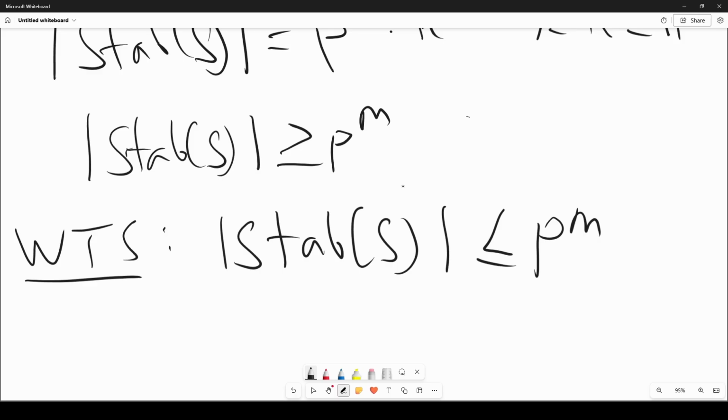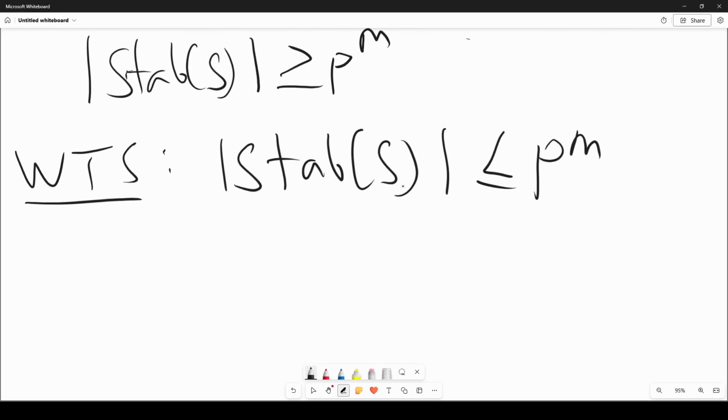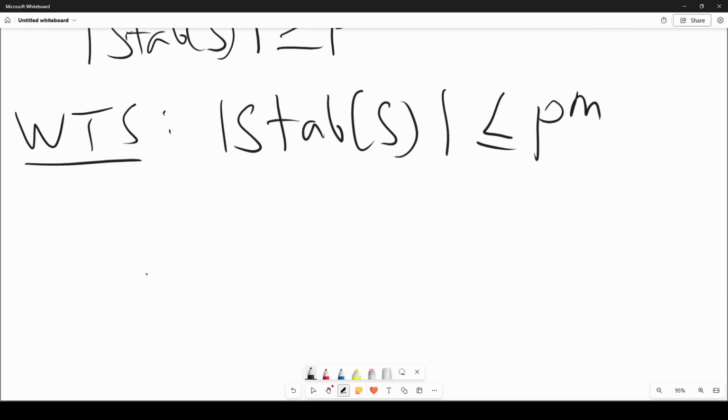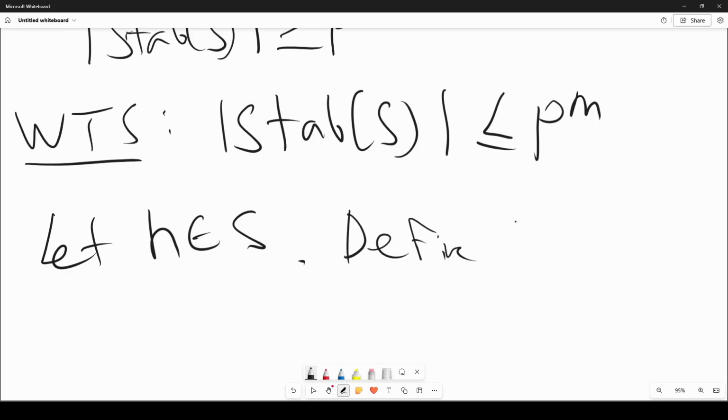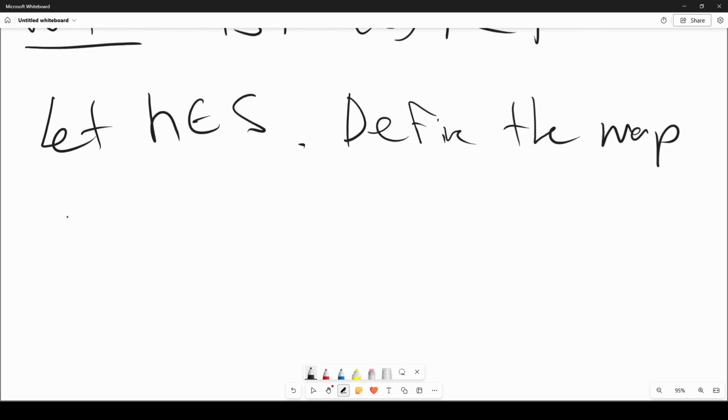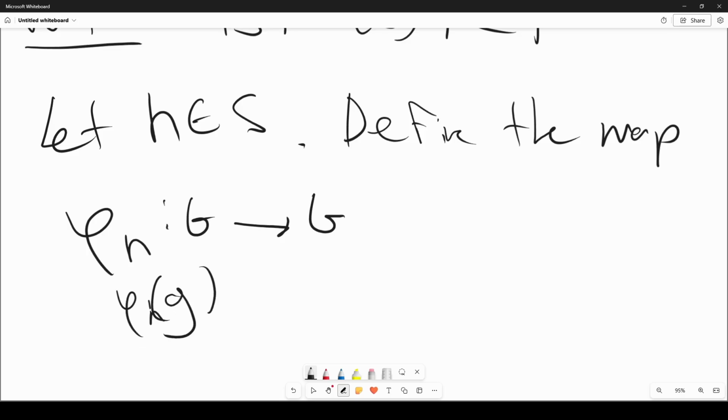Okay. To do this, I'm going to define a map. So I'm going to choose some element in my set. Let h be some element in my set. It's also a group element. So define the map, which I'm going to call phi sub h, which goes from G to itself, and sends g to g times h.